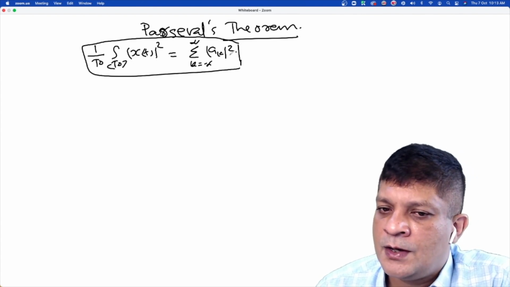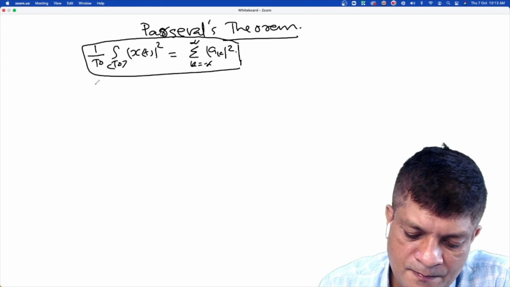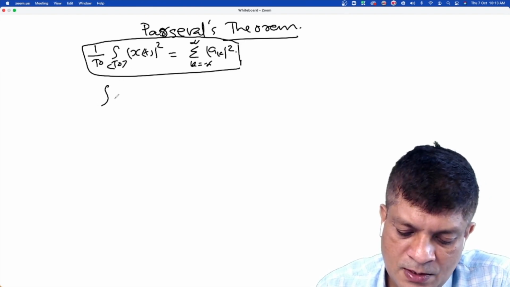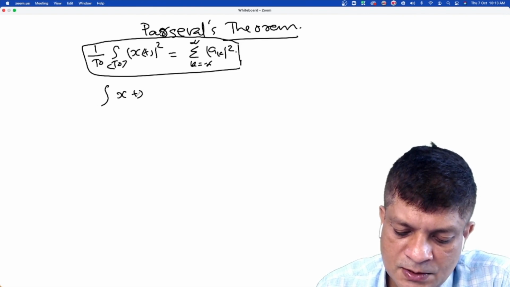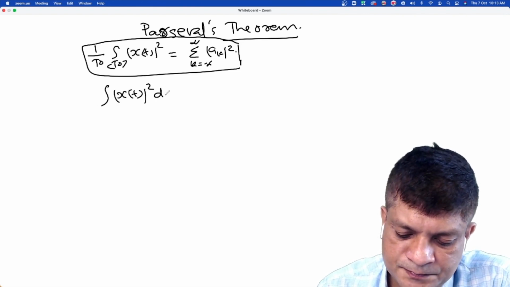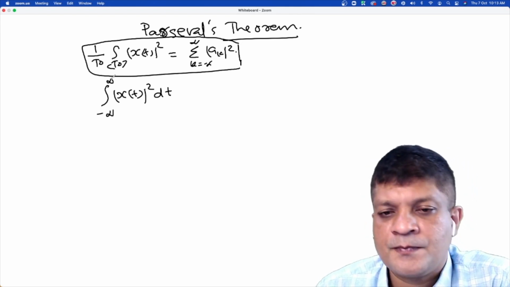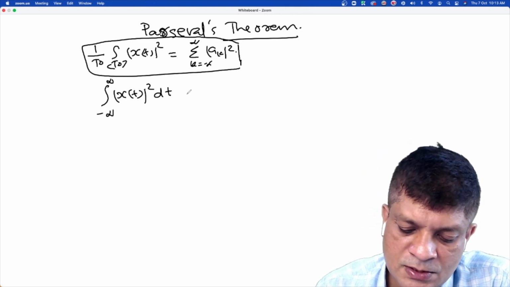Similarly, for an aperiodic signal, we talk about the energy of the signal. This is the energy of the signal. Now let's see how this is related to the Fourier transform.